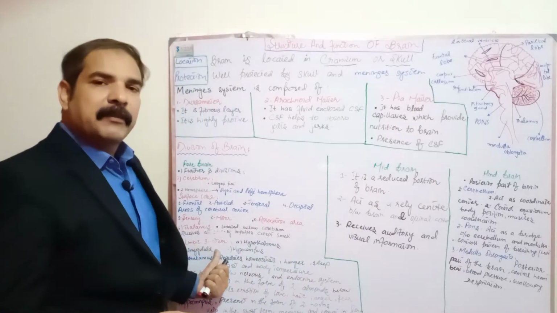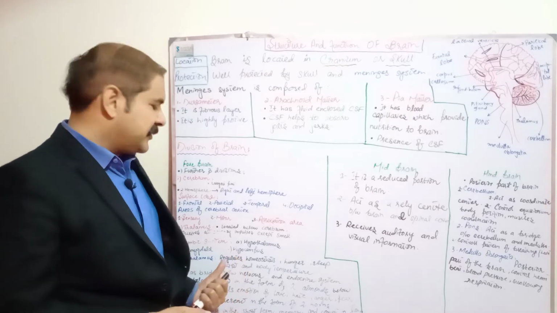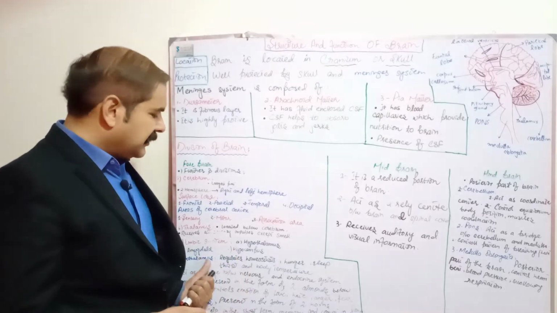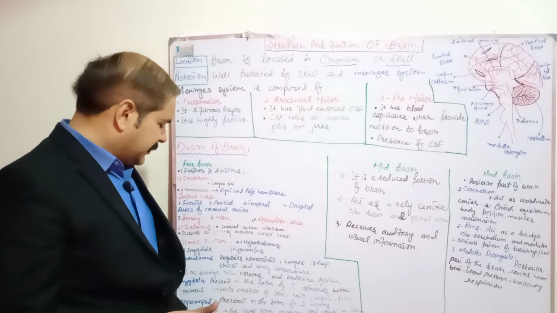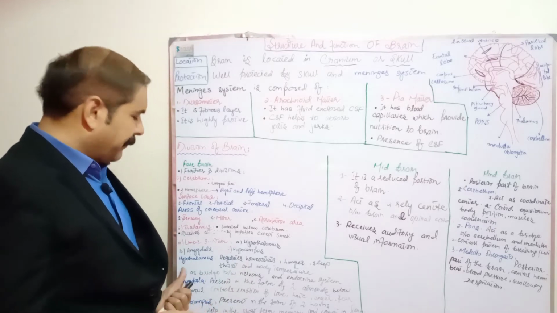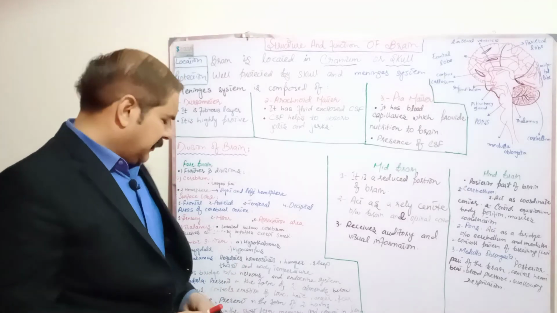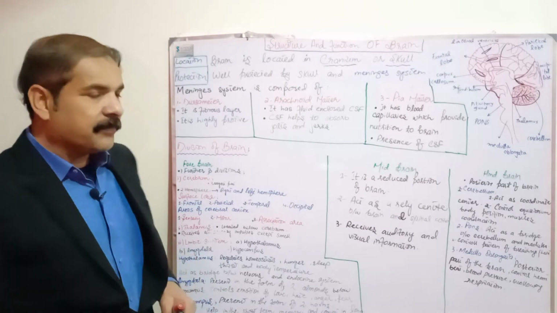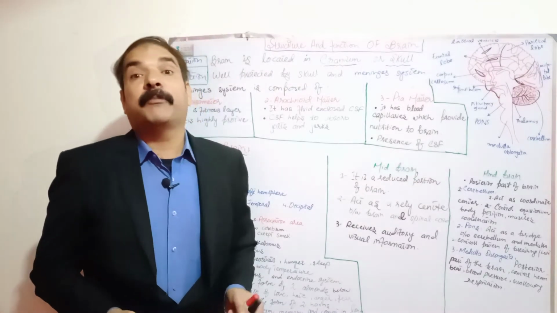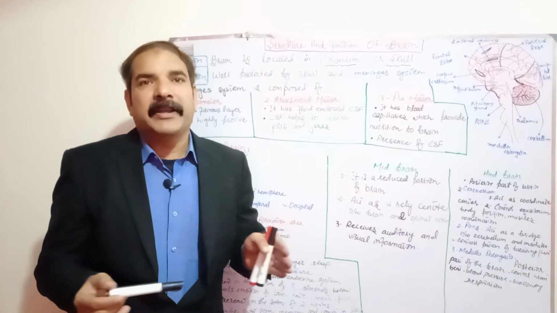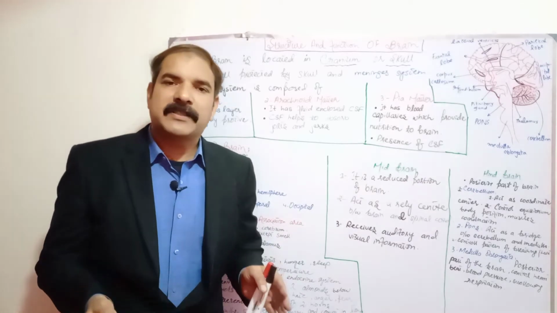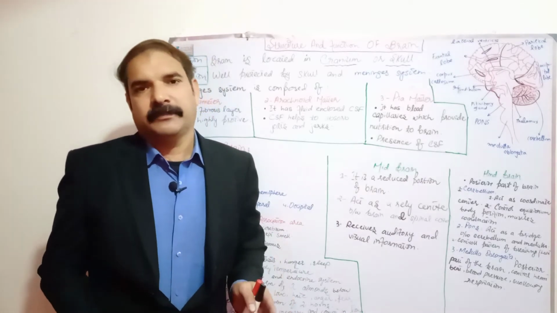The third division is the limbic system. The limbic system has three divisions: amygdala, hippocampus, and hypothalamus. The first one is hypothalamus. Hypothalamus is a very important part because it is a bridge between your nervous system and your endocrine system.